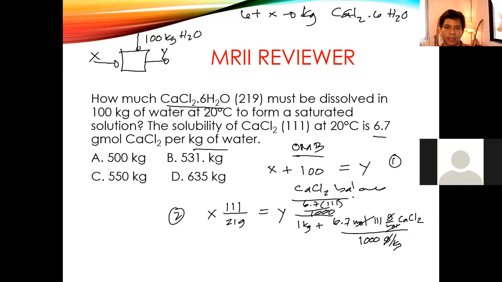Ang Y kasi is weight ng solution, di ba? Ganun lamang naman yung logic niya. Okay, so this is 0.4265. This whole thing here is 0.4265. So yun na lang ipasok niyo sa equation.